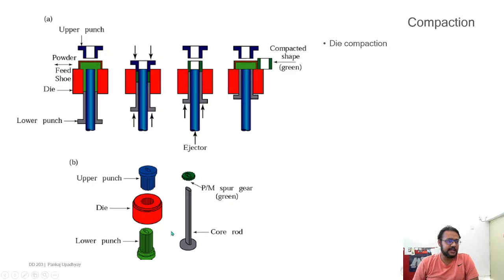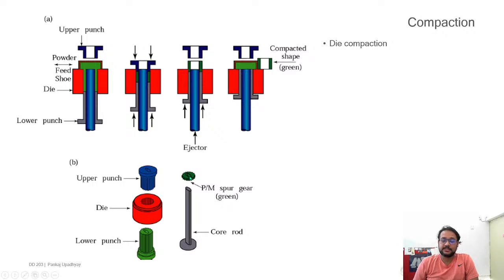So this is another example. You have this die, a lower punch and an upper punch, and these are serrated. This one in particular is used for making this type of gear. It's a spur gear, and it has a custom central axis shape.